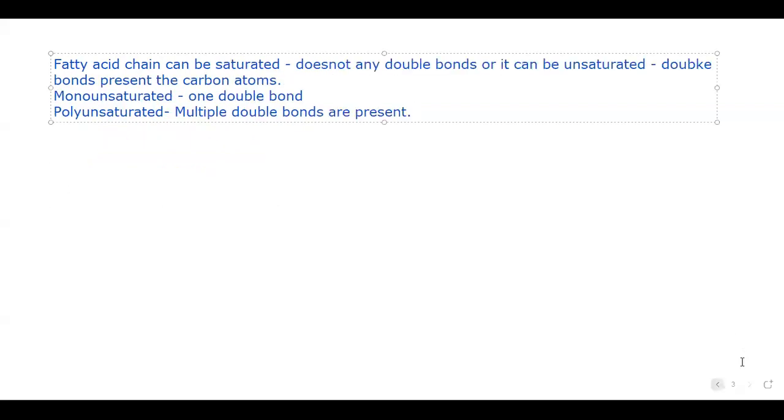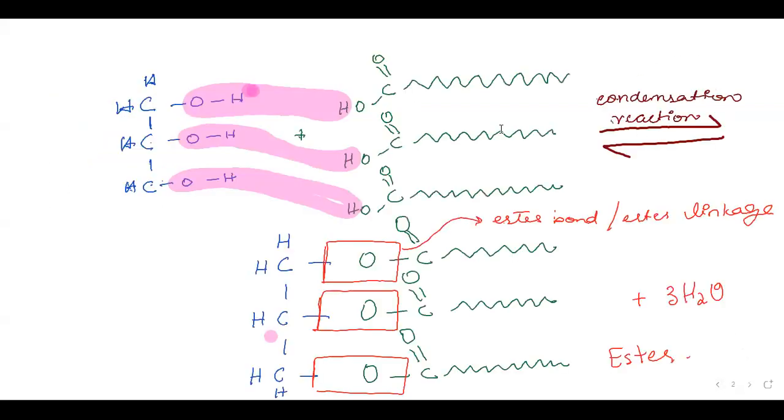When we're talking about triglycerides, the reaction that joins the glycerol molecule and the carboxylic acid, I told you, is a condensation reaction. Another name that you can use for it is esterification. And then we can also do the reverse, the opposite of it. What is the opposite?